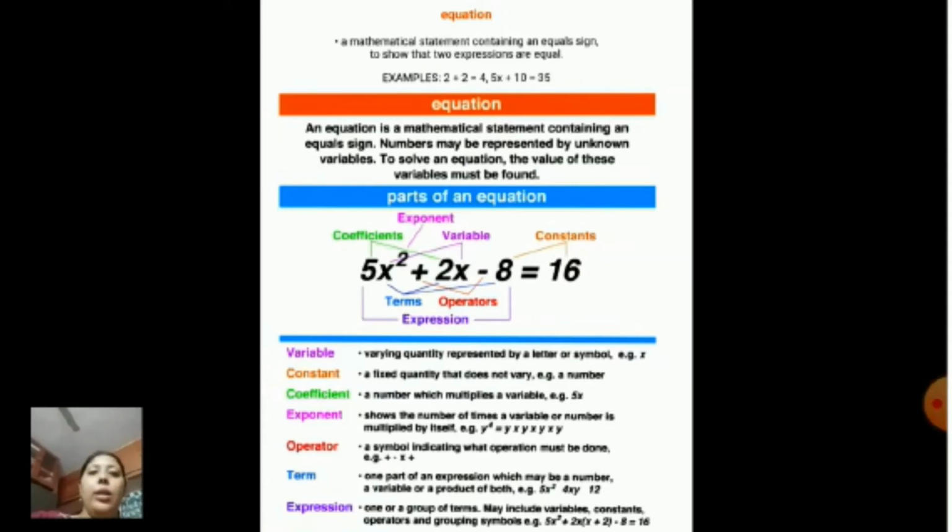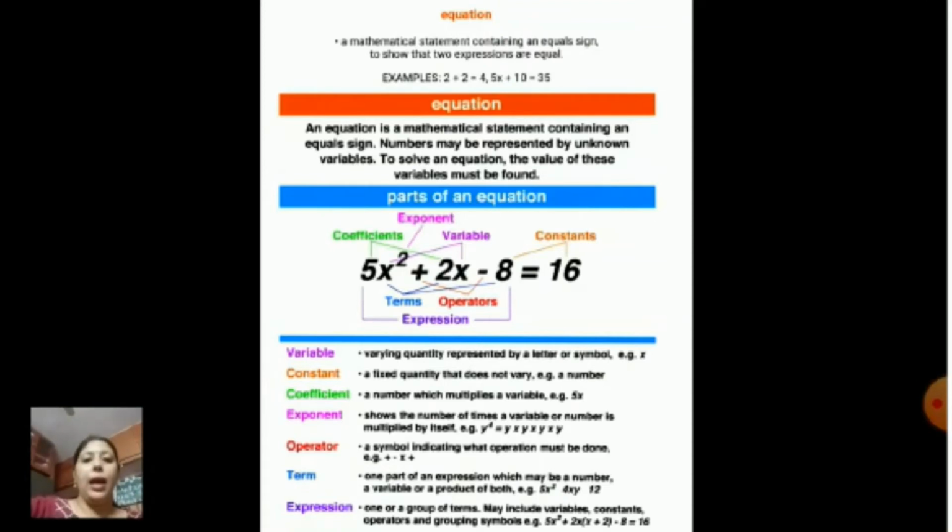And now what are operators? Operators are very simple: addition, subtraction, multiplication, division are the basic mathematical operators. So now you are clear about the coefficient, constant, exponent, operators and terms, and the difference between equation and expression.